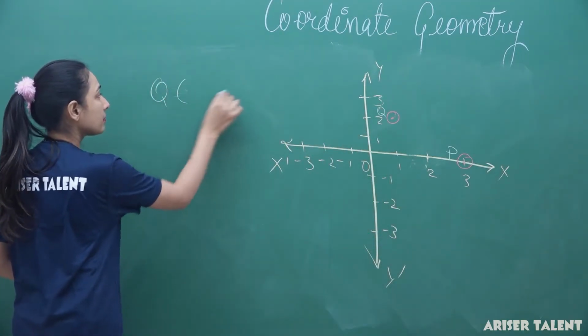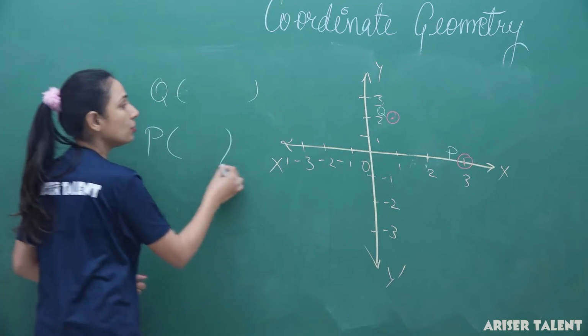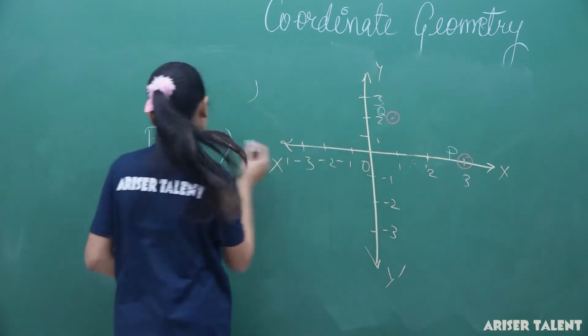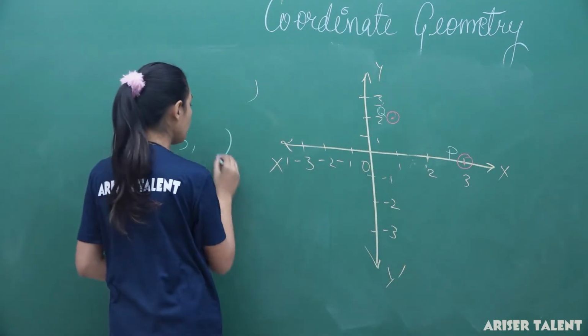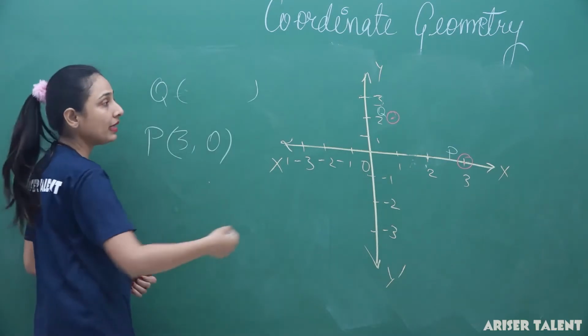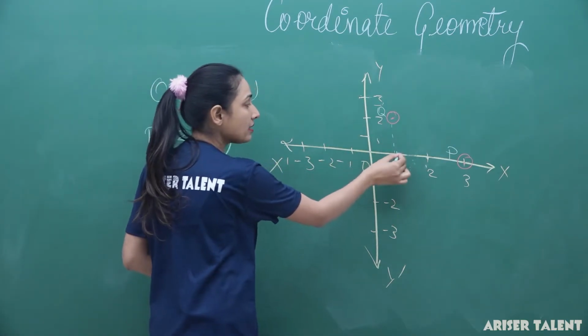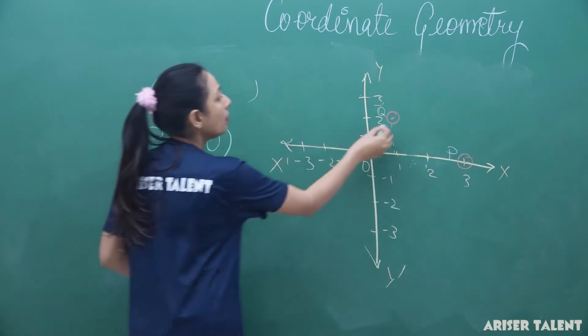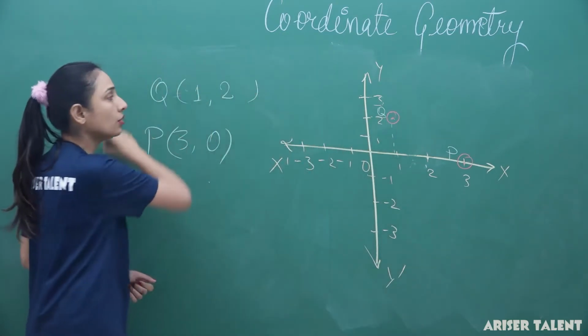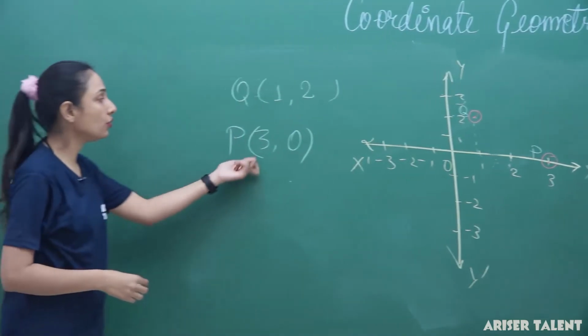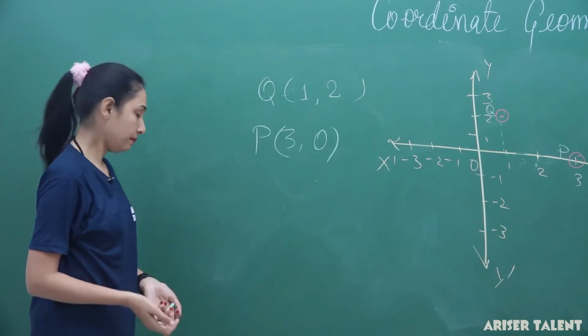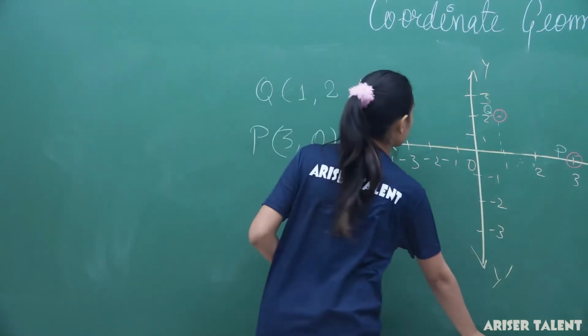Simply, and P also. So, x equals 3 here, y equals 0 here. So, (3, 0). Okay. Similarly, for this point we are having x equals 1 and y equals 2. So, (1, 2) is Q and (3, 0) is P.